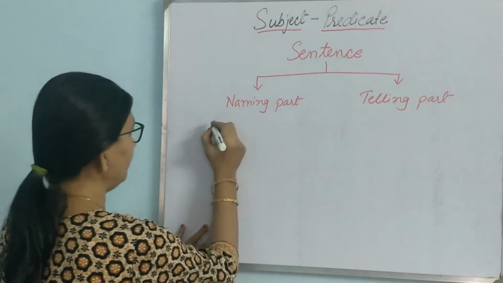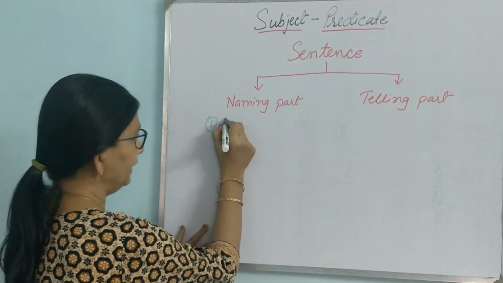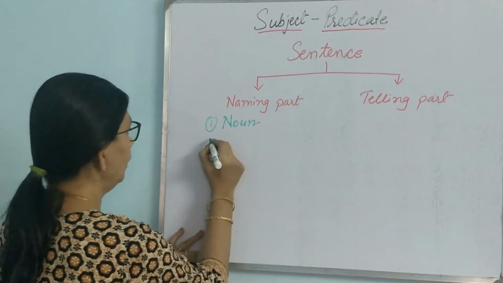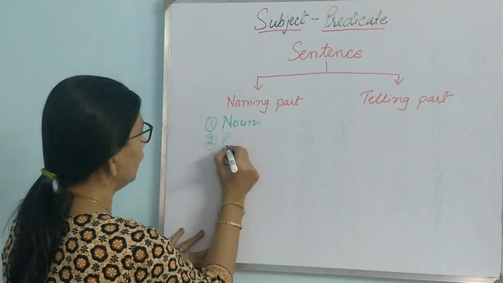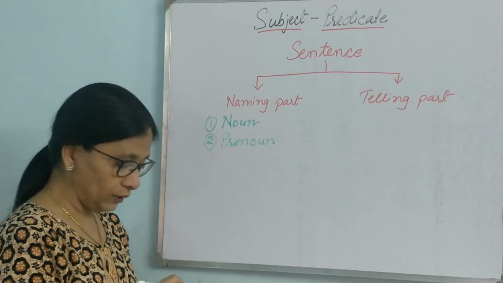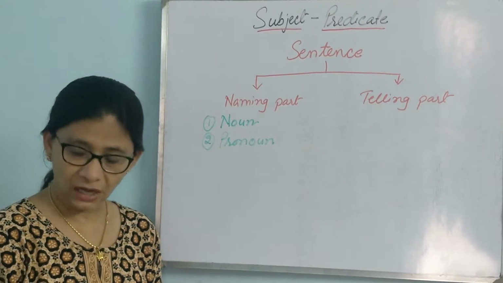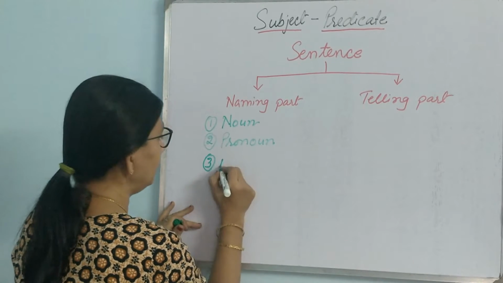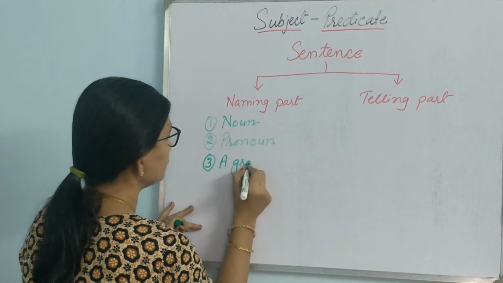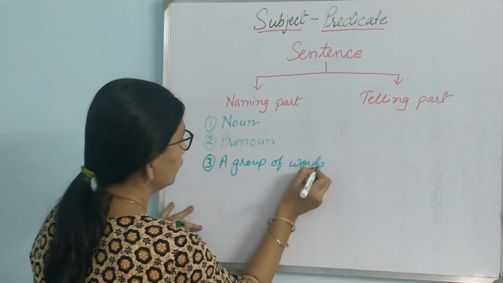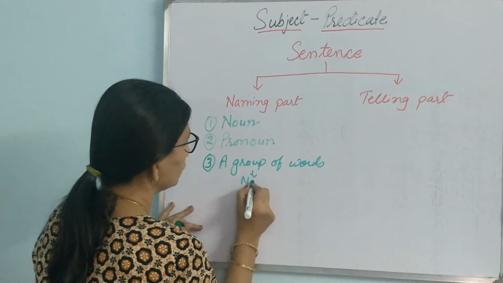Now naming part can either be a noun, which is a name, or it can be a pronoun. You all know what a pronoun is. It sits in place of a noun. Or it can be a group of words which refers to a noun.